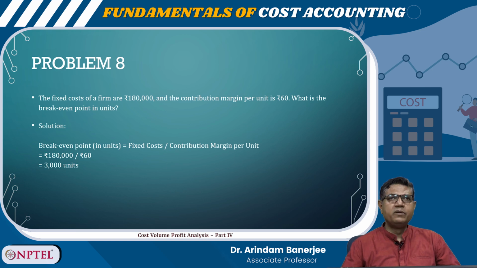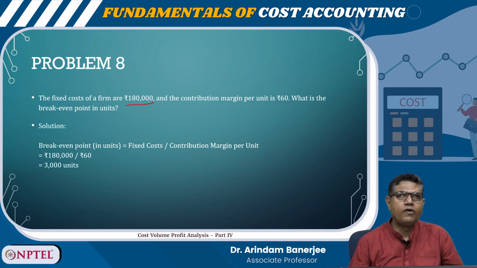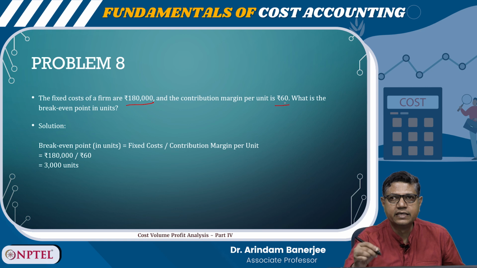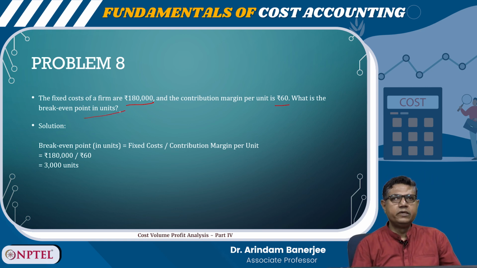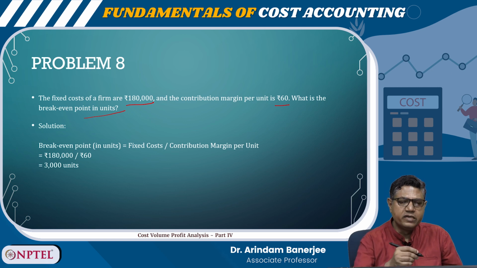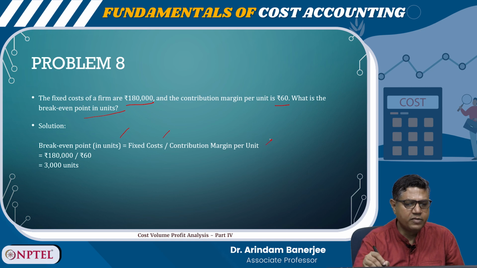Next problem, problem 8. The fixed cost of a firm is 1,80,000. The contribution margin per unit is 60. What is the break even point in units? So, it is simple now. Break even point in units is equal to fixed cost divided by contribution margin per unit.